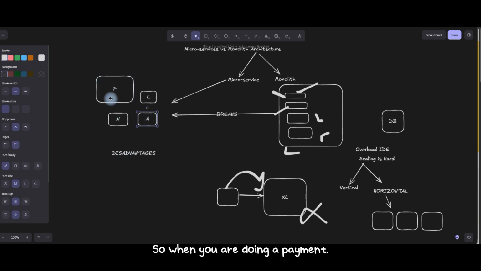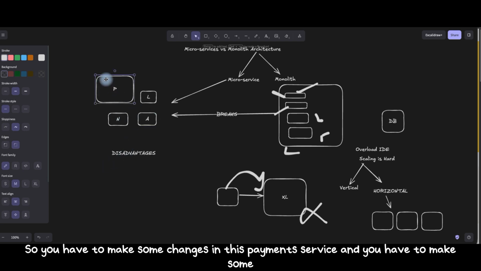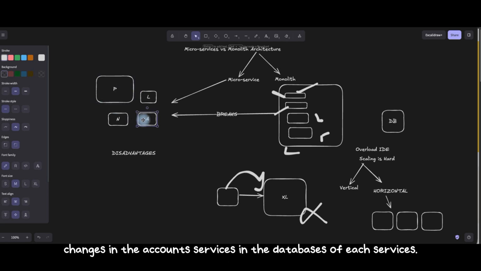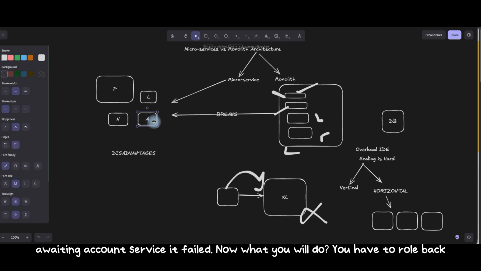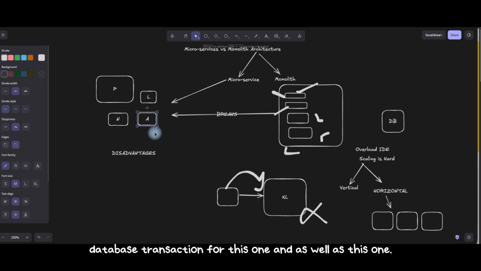When you are doing a payment, you have to make some changes in the payment service, and you have to make some changes in the account service as well, in the databases of each service. But while updating the payment service or the account service, it failed. Now what will you do? You have to roll back the database transaction for this one as well as this one.